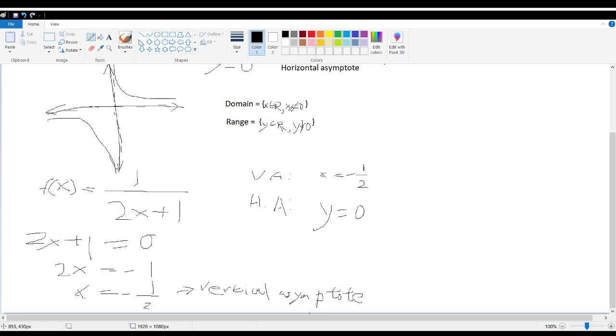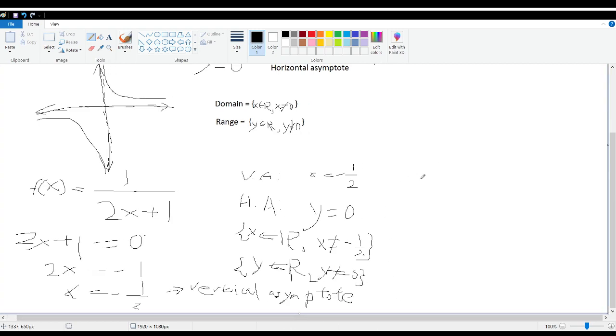So now the domain will be x belongs to real numbers, but x will not be equal to negative 1 over 2. Range will be y belongs to real numbers, but y will not be equal to 0.